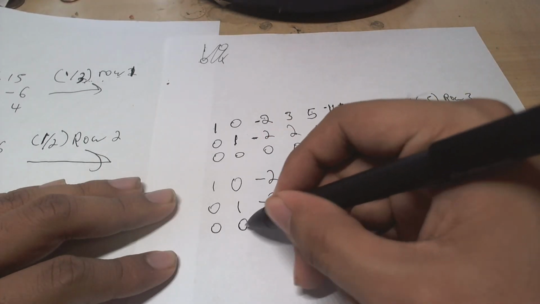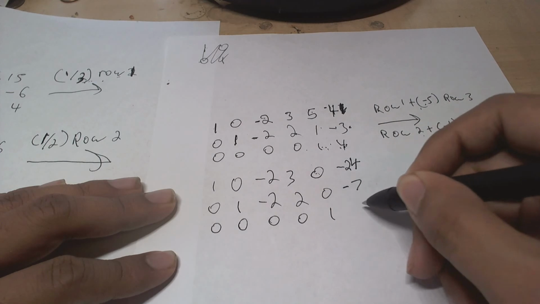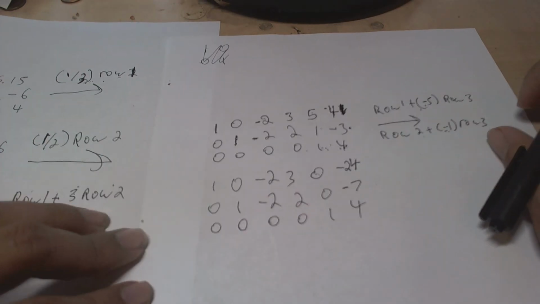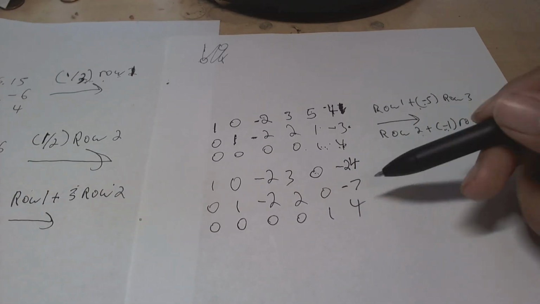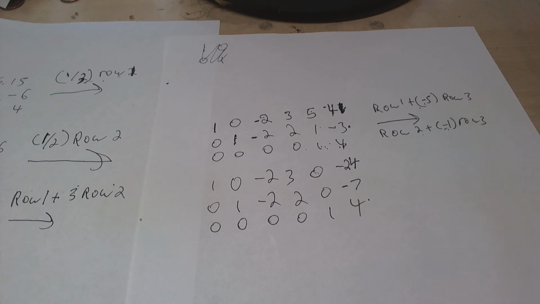And then you just write down row 3. And there is our row reduced echelon form. See? Simple, easy, it just takes a while, and it's very easy to mess up the mental math.